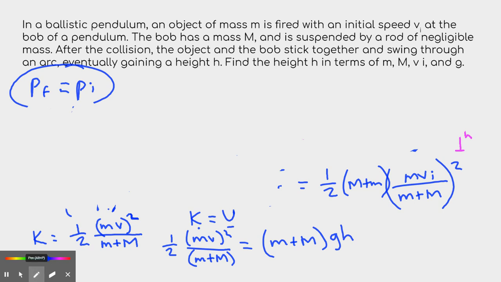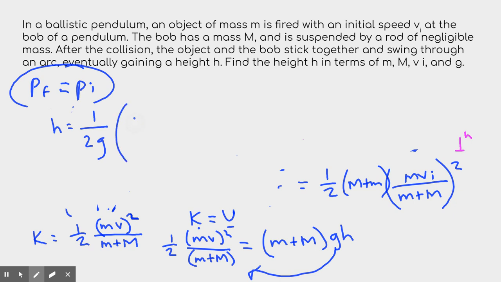The first thing I'll do, we obviously want to get h by itself. And when we do that, we're going to see h equals 1 divided by 2g. I moved the g over here. And I end up with something that looks like this.